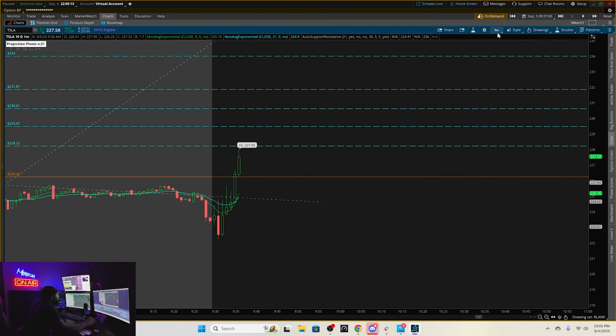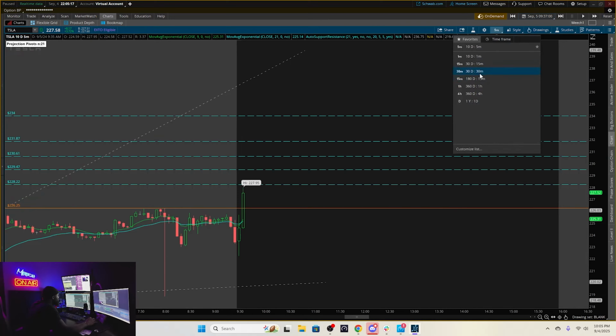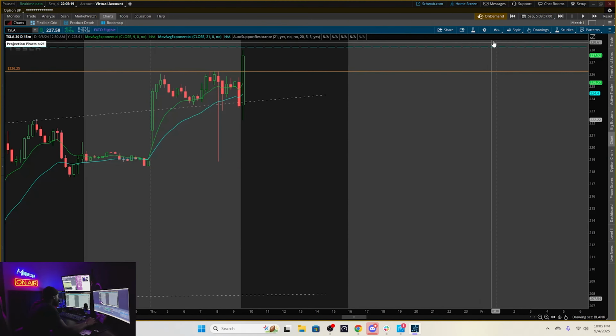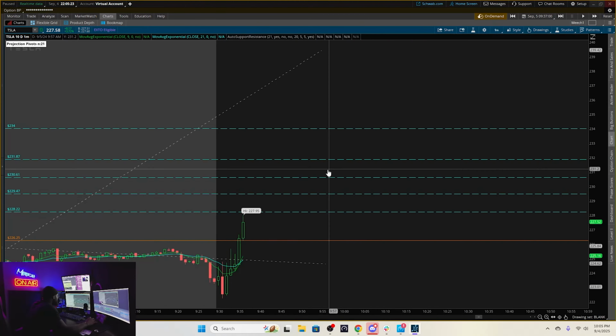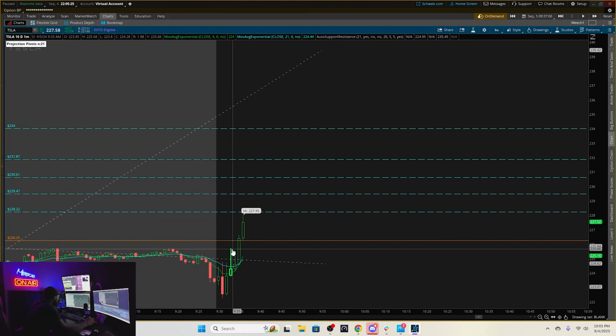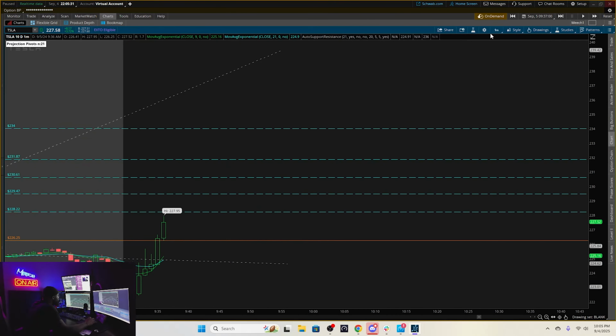Let me check something real quick on the other time frames. Nothing there. Okay. So on the 1 minute, we finally break and hold above this rejection. Now the breakout is happening. Let's go to 9:45.